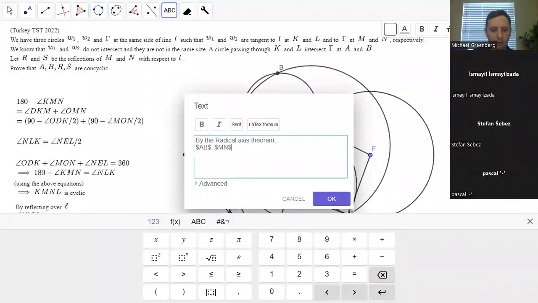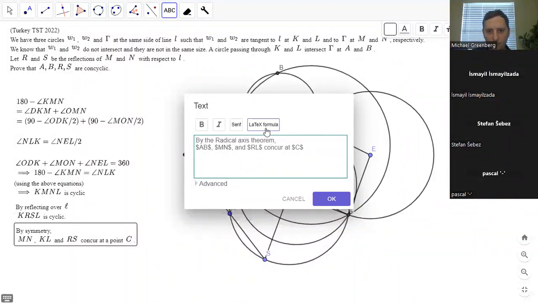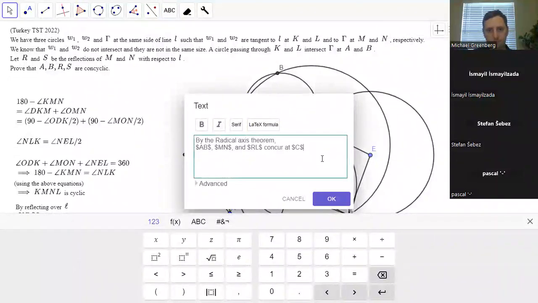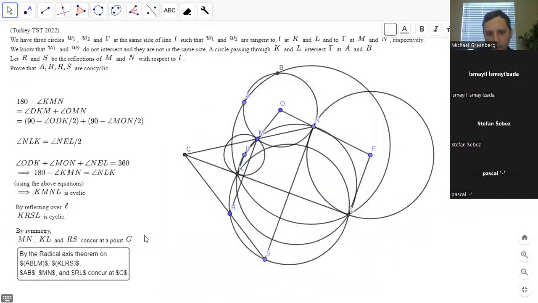So AB, MN, and KL concur at C. So it's the radical axis theorem on ABMN, KLRS, and what's the other circle? ABMN, KLRS, and MNKL.